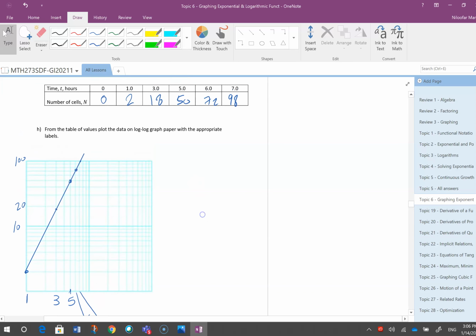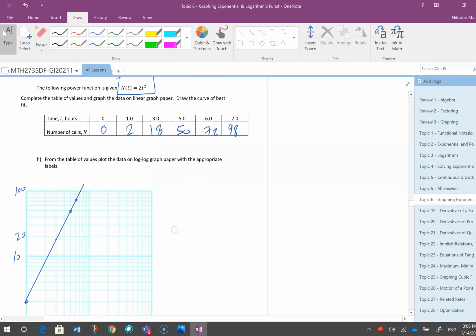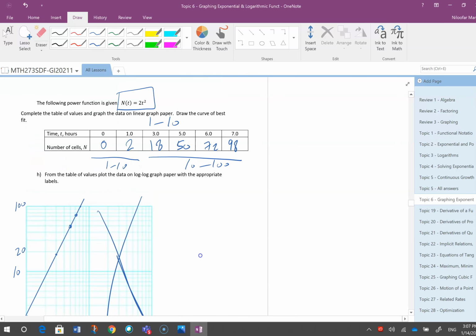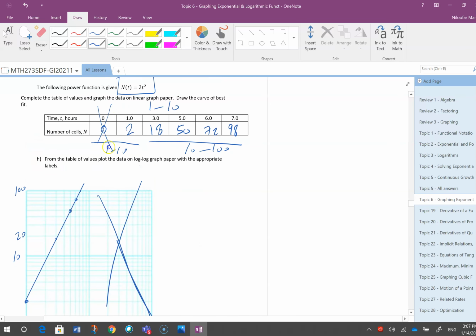Okay, what do I need? Here I need 1 to 10. For y I need 1 to 10 and 10 to 100. I need 1 cycle for x and 2 cycles for y. The first one is 0 and 0, but you don't show it, because you cannot show 0, 0 here.